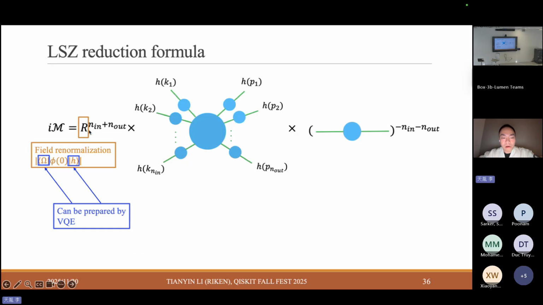All of those three parts can be simulated on a quantum computer efficiently.